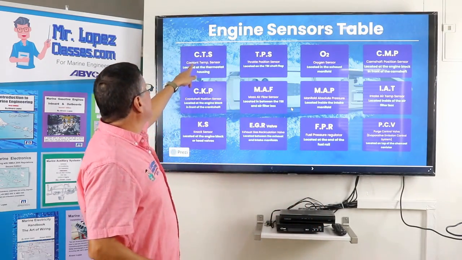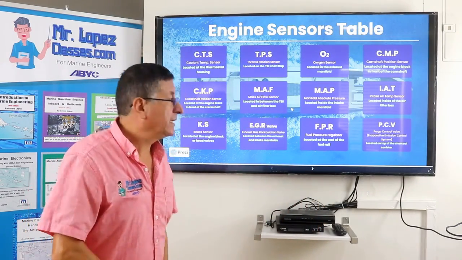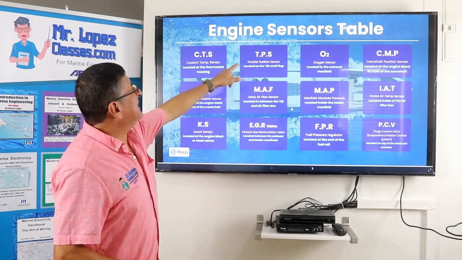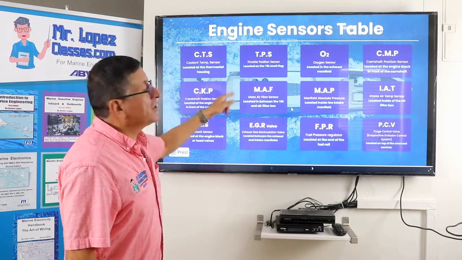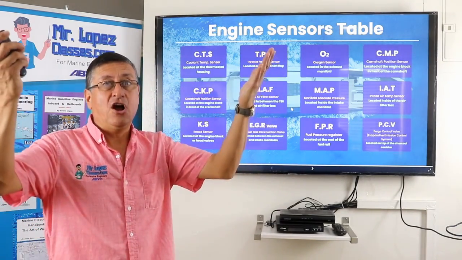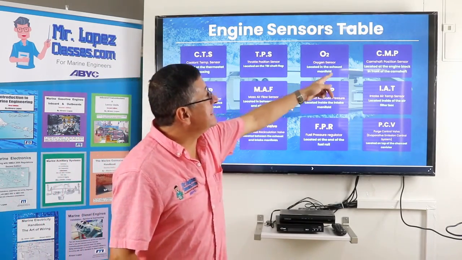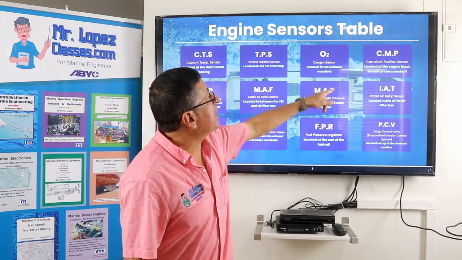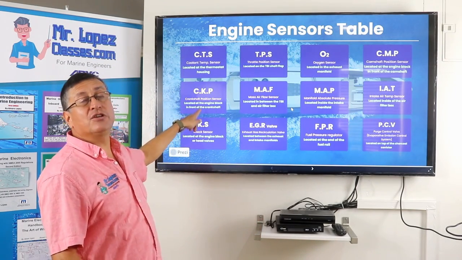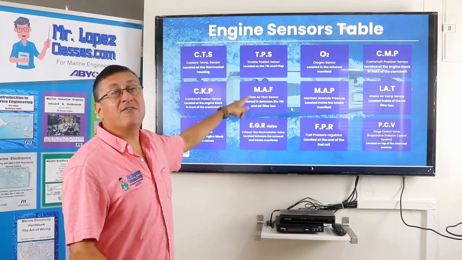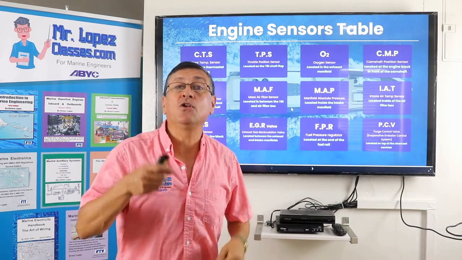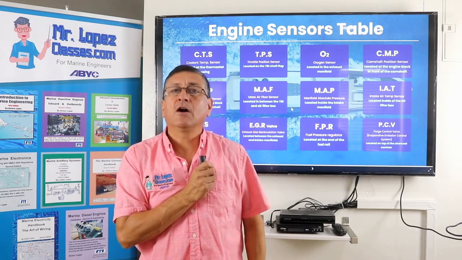We are going to analyze the first one, CTS, coolant temperature sensor. The TPS, throttle position sensor. The O2, the oxygen sensor. The CMP, camshaft position sensor. Crankshaft position sensor. Mass airflow, MAF. Manifold absolute pressure on the intake manifold.